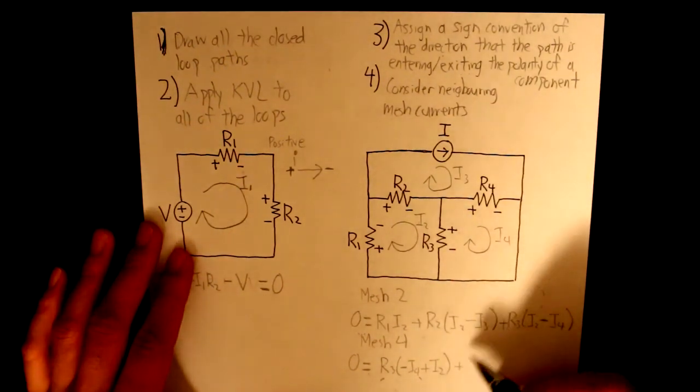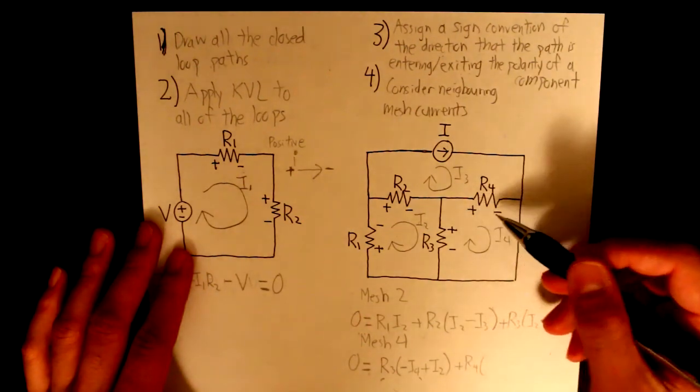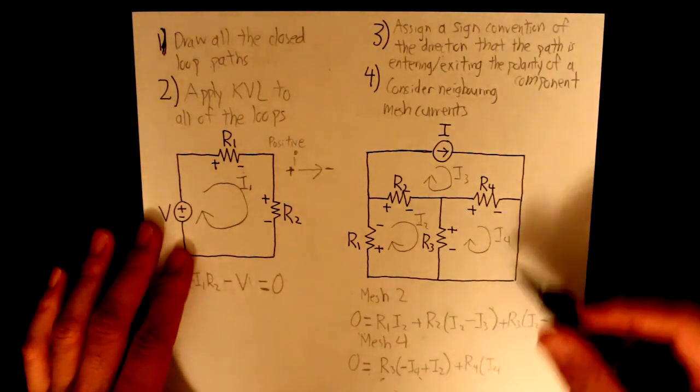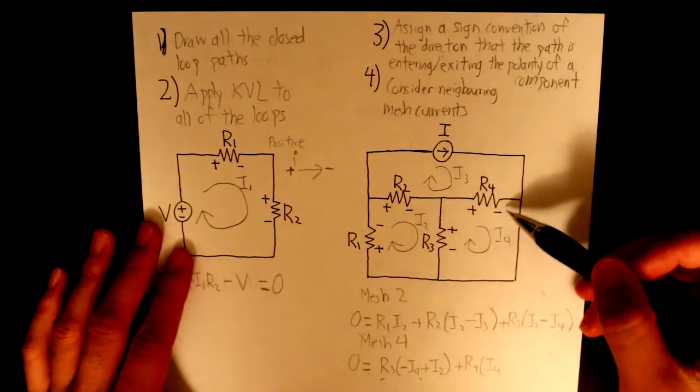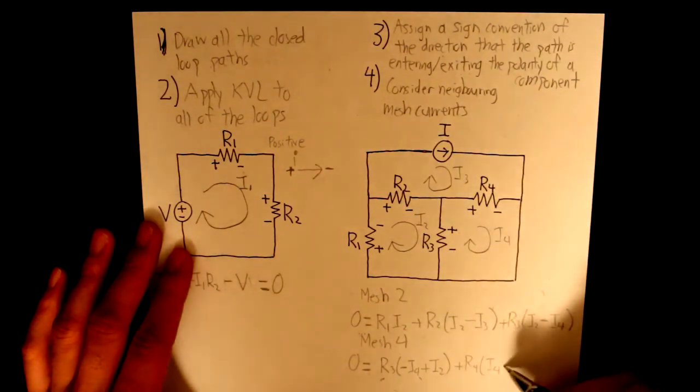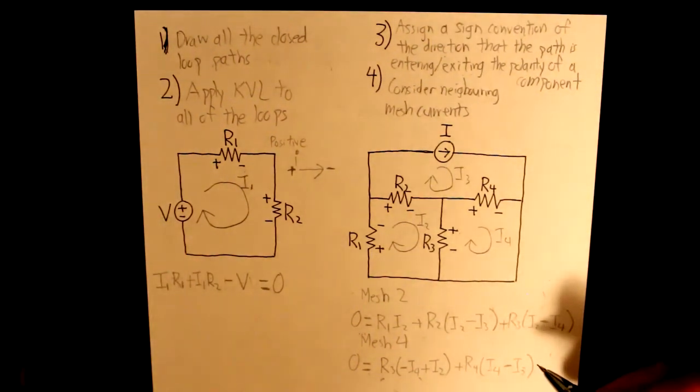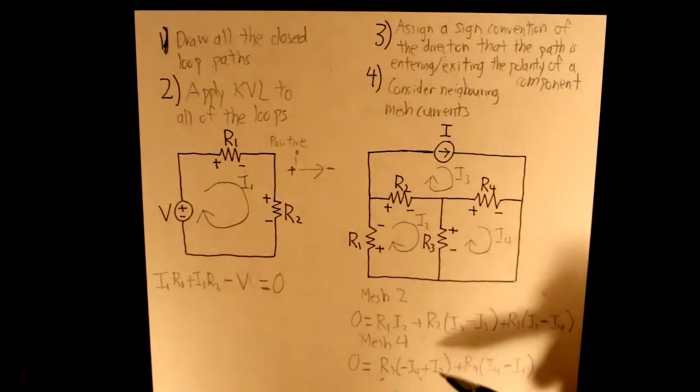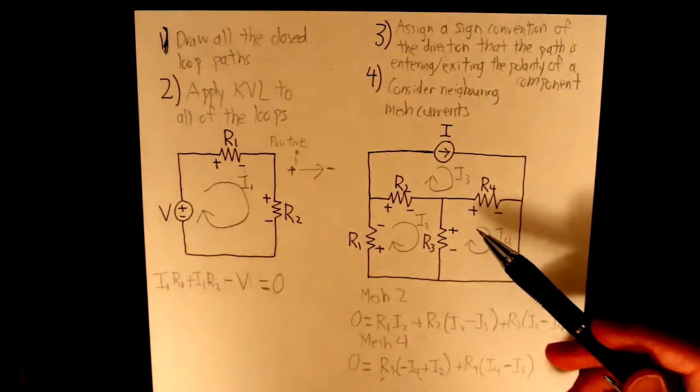And then for R4, that would be positive, and I3 will be passing R4 from minus to plus, so that would be minus I3. And that is it for our mesh equations for our second circuit.